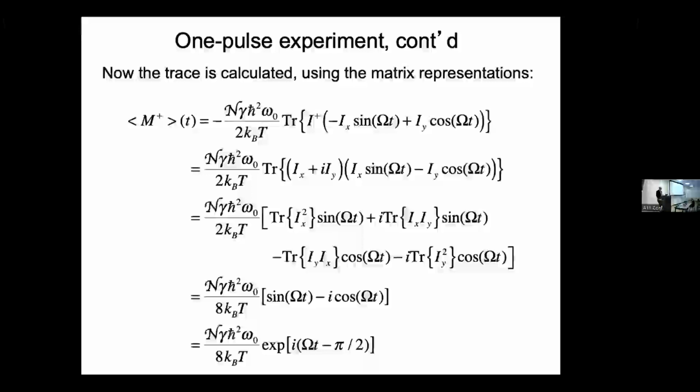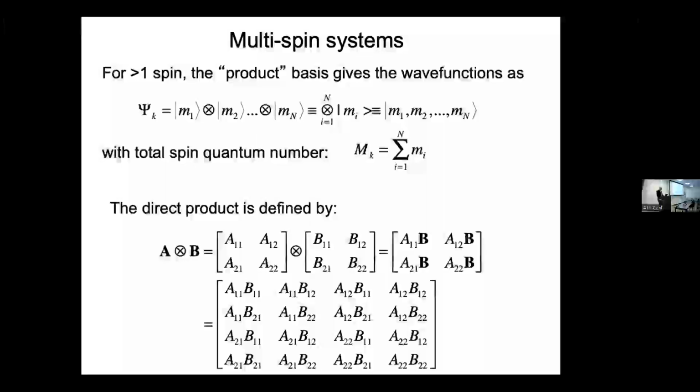And it should be kind of clear if we have two spins, we have the alpha alpha state, the alpha beta state, the beta alpha state, the beta beta state, and that's going to need to be a column vector with 4 entries, a 4x1 vector. And we just have to know, how do we construct those 4 vectors? And the formal way is to do something called the direct product.